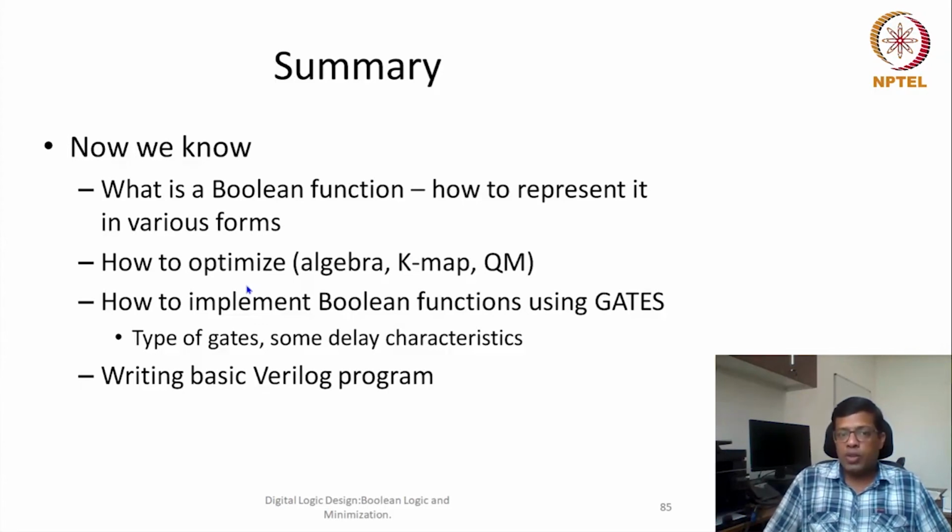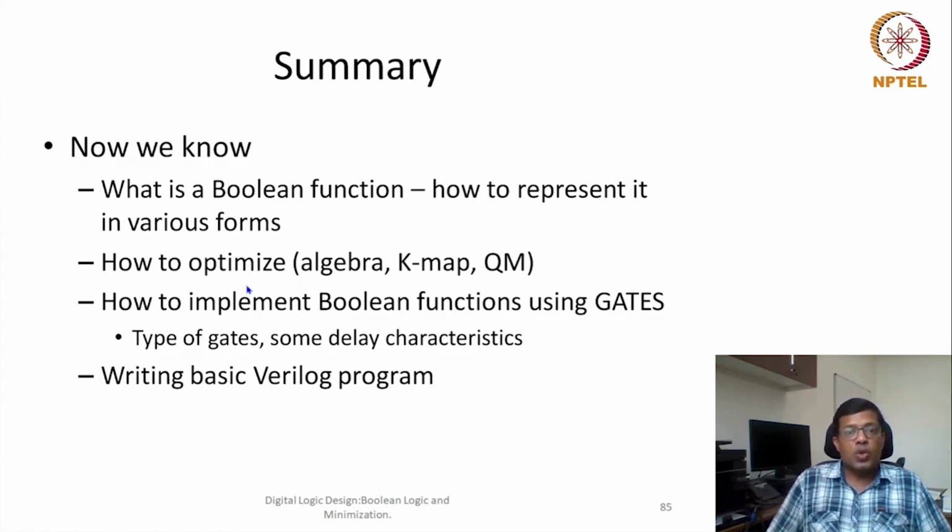All of these methods were good, and they essentially used the same basic criteria and algebraic simplifications. But K-map and QM are more systematic because we know that they will give a certain optimal solution.